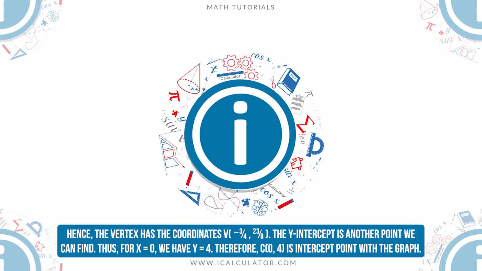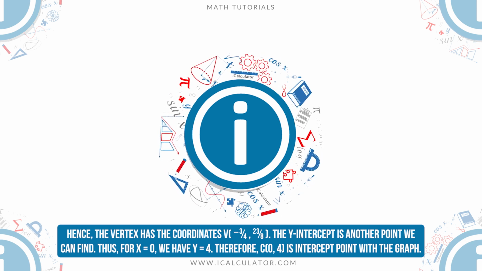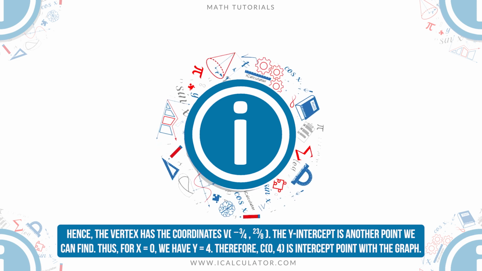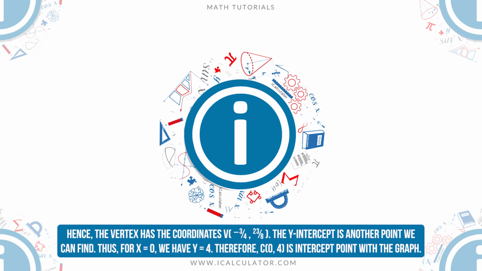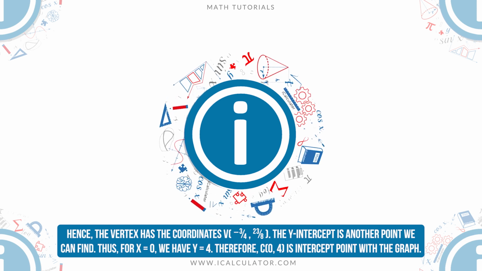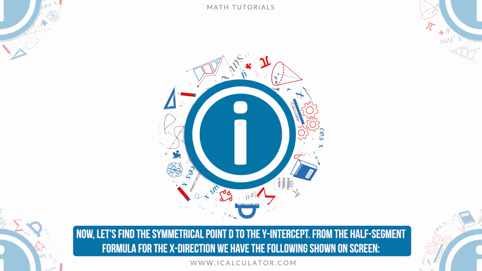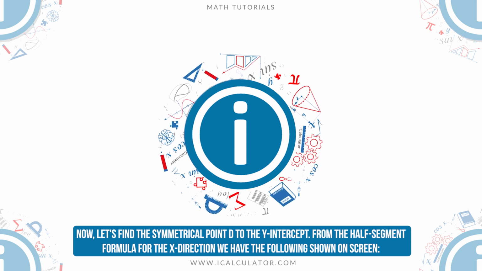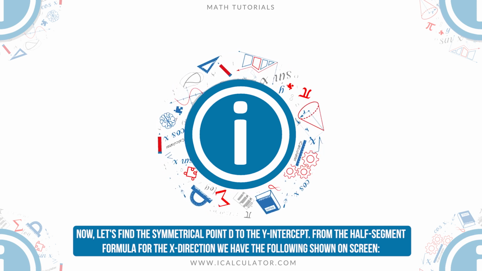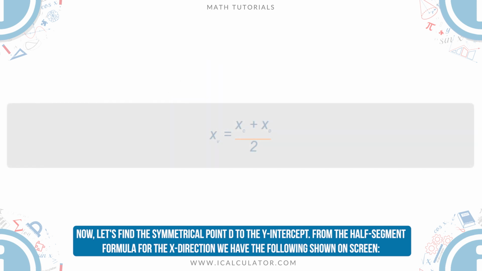The y-intercept is another point we can find. Thus, for x equals 0, we have y equals 4. Therefore, C, 0, 4, is the intercept point with the graph. Now, let's find the symmetrical point D to the y-intercept. From the midpoint formula for the x direction, we have the following shown on screen.